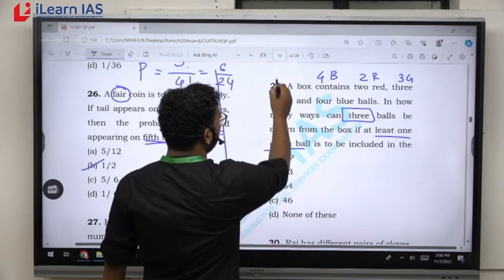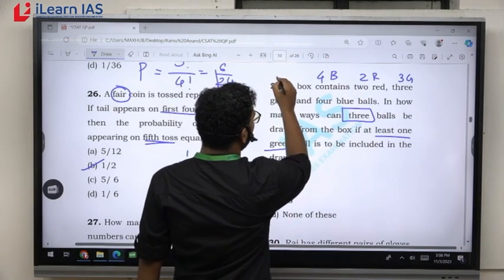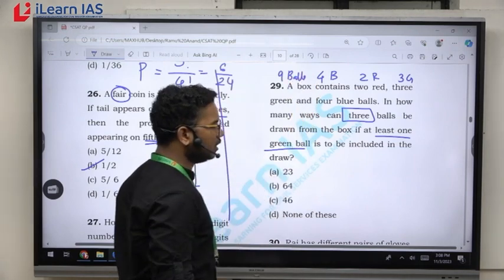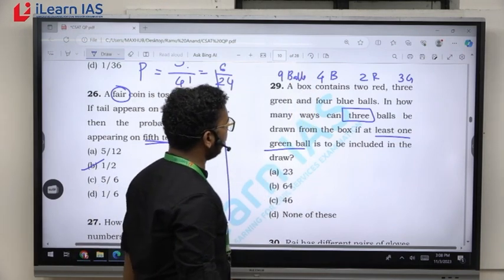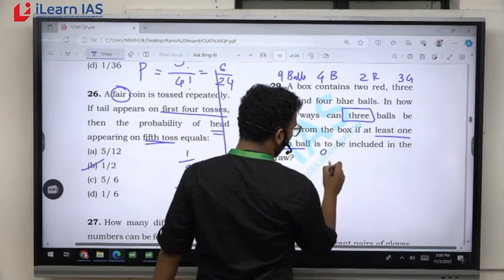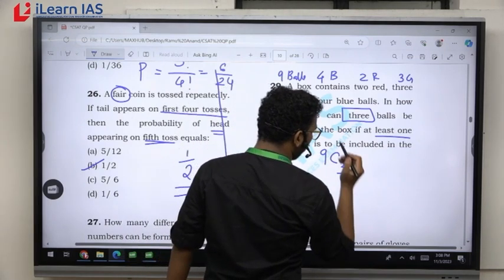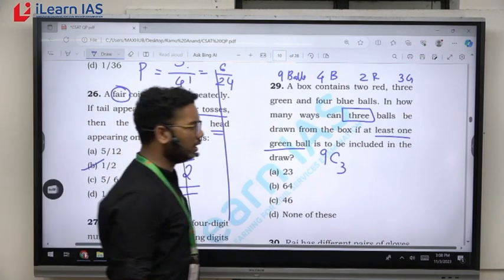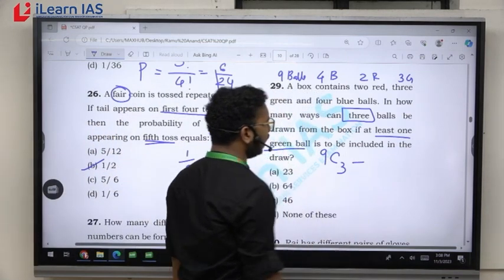Total number of balls is 4 plus 3 plus 2, 9 balls. Total selection will be 9 balls in we need to select 3 balls. That is 9C3.